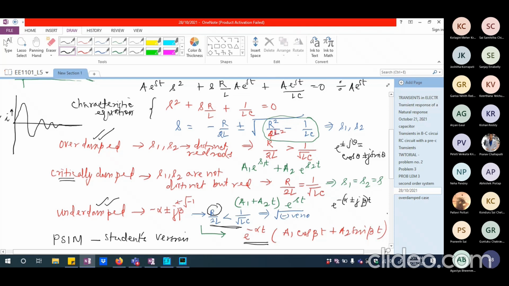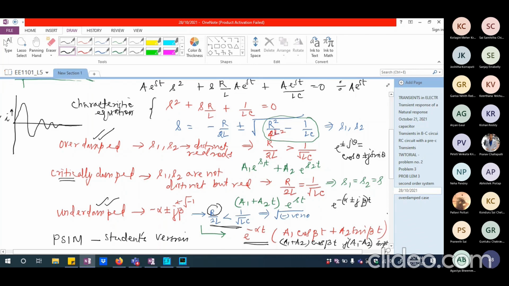When we write e power plus or minus j theta, we are going to get cos beta t and sine beta t with the j. So we actually said this as a1 plus a2 multiplied by cos beta t, and then another one as a1 minus a2 multiplied by j sine beta t.